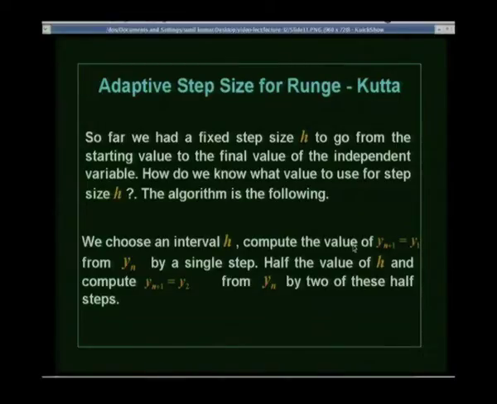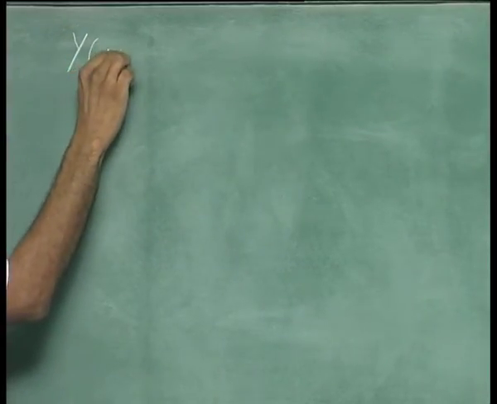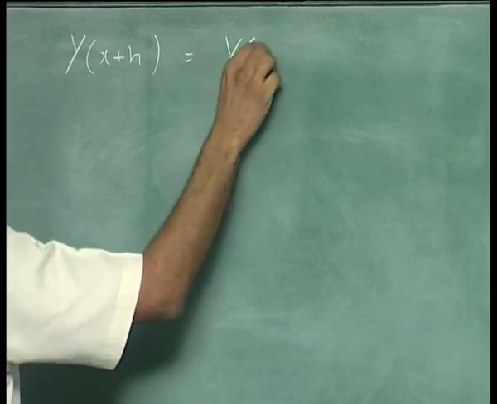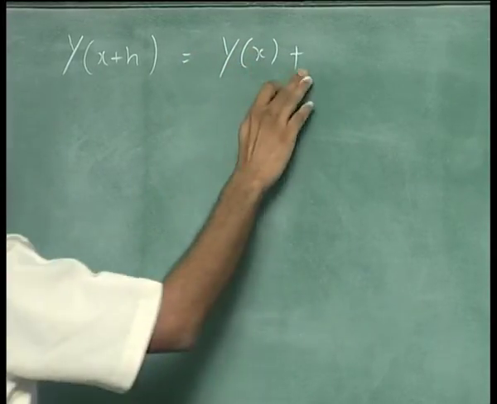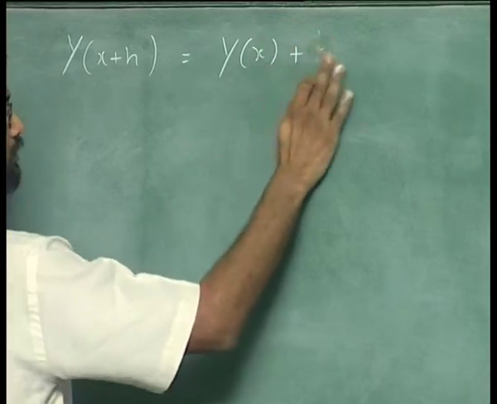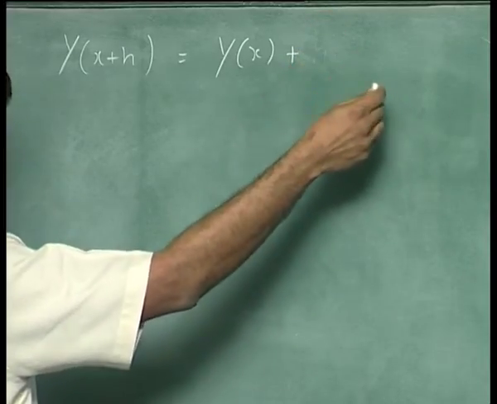Now I would evaluate y at x plus h by using y at x plus some h times, and let me use any of those schemes. So let's say Runge Kutta 4, second order Runge Kutta.